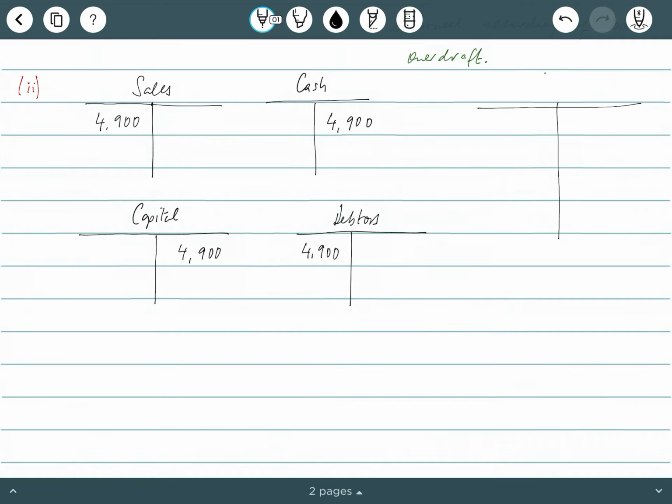So we can just come over here and I'll scribble in a general journal for you guys. Okay, so you've got sales, debit entry 4,900. You got cash, credit entry 4,900. You've got capital introduced, which is a credit entry of 4,900. We have debtors, which is a debit entry of 4,900.